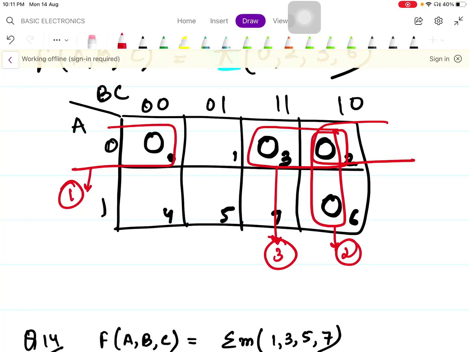So this time, because it is going to be the POS form, we have already learned in the lecture where we discussed minterms and max terms that in the case of max terms, 0 is the true form and 1 is the complement form. That means wherever we have a variable value of A equal to 0, it will be A. Wherever we have a variable value 1, it will be A bar. So everything will be reversed over here.